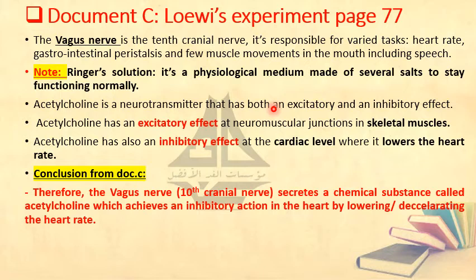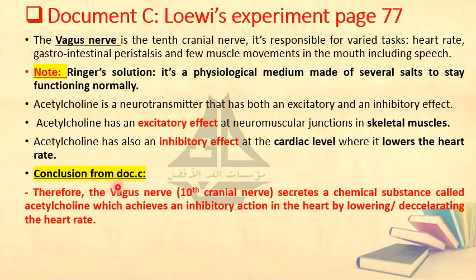All the muscles, we are able to contract by the function of acetylcholine. It has an excitatory effect at the neuromuscular junction by allowing the muscles to contract. So inside our body, acetylcholine achieves two functions: excitatory function by allowing our muscles to contract, and inhibitory function at the level of the heart by lowering the heart rate.